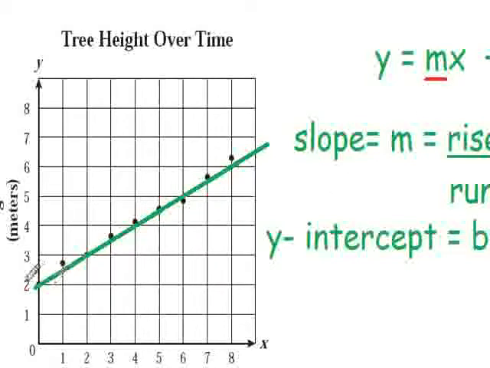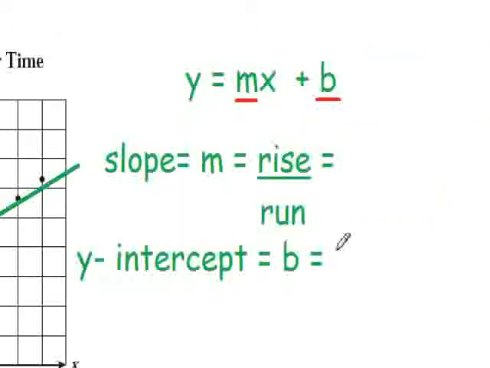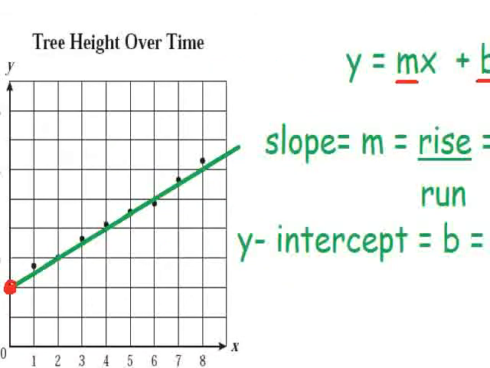From right here I can tell that the y-intercept, or the b part, is going to happen right here. When x equals 0, y is going to be 2, or the point (0, 2). That's my y-intercept. So let's write that down. b equals 2.